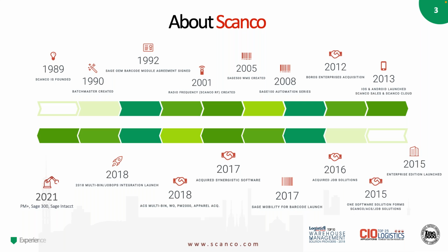From basic barcoding to the most complex distribution and manufacturing operations, Scanco software is positioned to grow with our customers' ever-changing business needs. We are focused on providing top-tier, fully integrated automation solutions built specifically for your ERP solution. Today, thousands of world-class distribution and manufacturing companies have automated their facilities with cutting-edge Scanco technology.